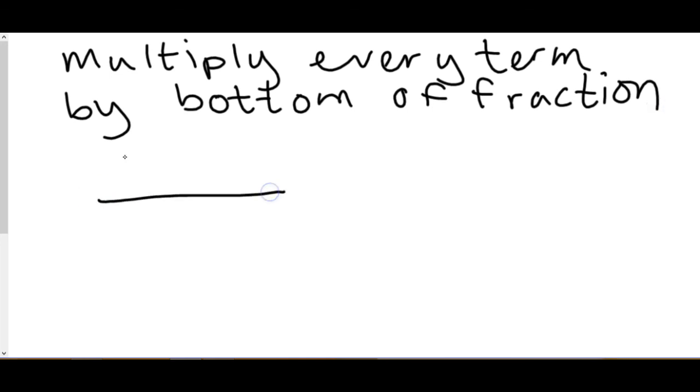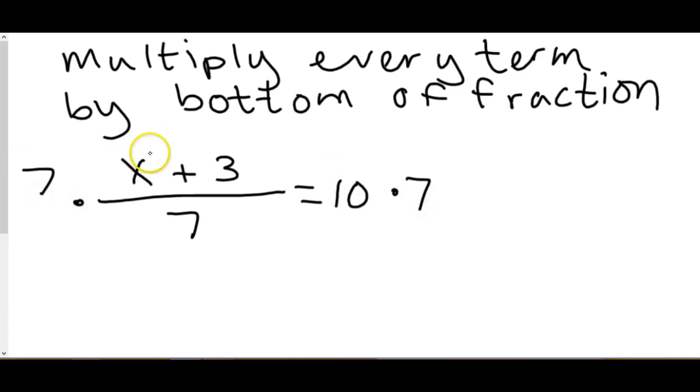If we had something like this, when we multiply by 7, instead of doing times 7 here, times 7 here, because we have this divide sign underneath both things, we only put 1 7 out front.